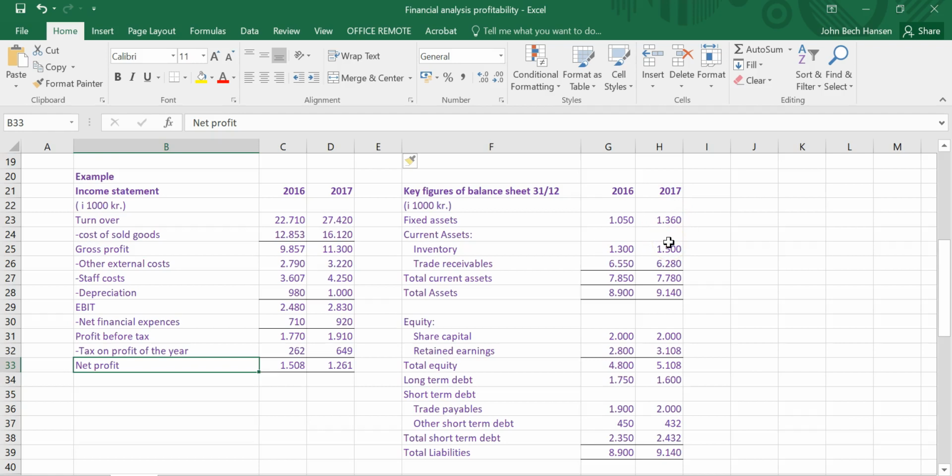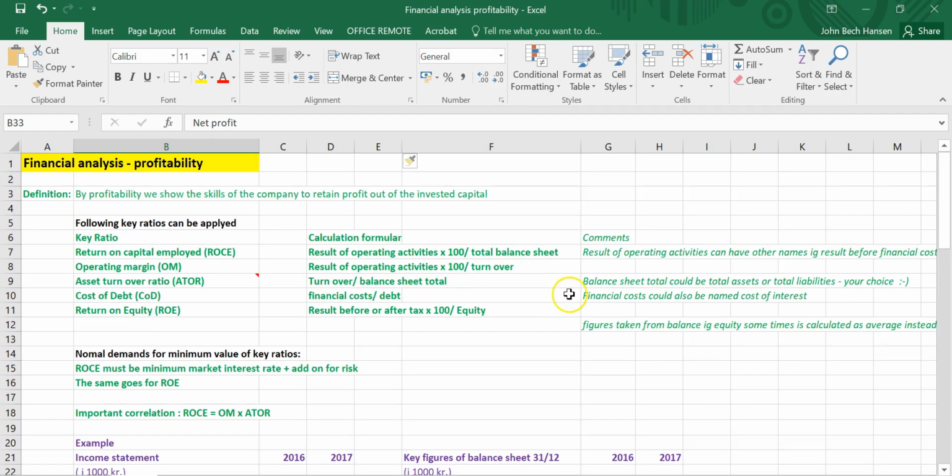We can discuss what is most normal, but the easiest thing is to take the end of the year and say, well, we take this as an expression for the used capital over the year. And this is what we will do to calculate return on capital employed, and then we get a feeling for how much profit we make compared to the total invested capital.